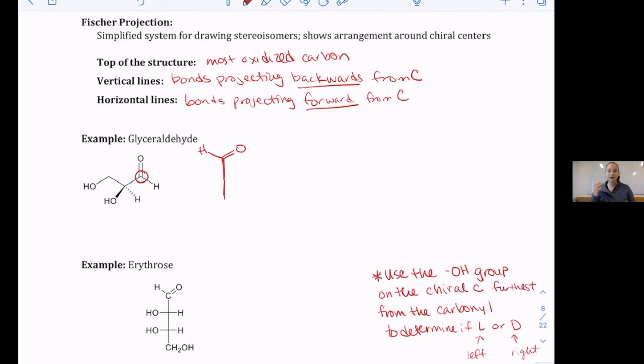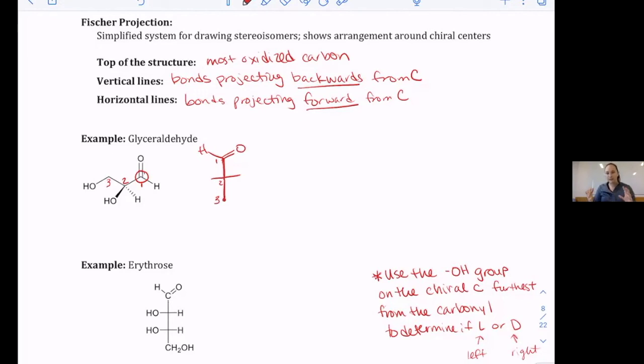Every intersection is going to be a carbon. So let's number our carbons so we know how many we're going to have: 1, 2, 3 carbons. I have 1 here, I'm going to make a line, that will be number 2, and my last ending right here is going to be carbon number 3.